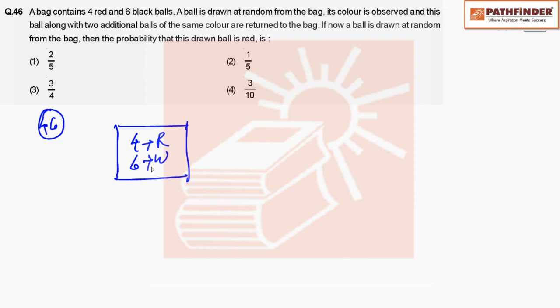A ball is drawn at random from the bag. The color is observed and the ball is returned along with 2 additional balls of the same color. So if we draw a red ball, there will be a probability of one type, and if we draw a white ball, the probability is of a different type.